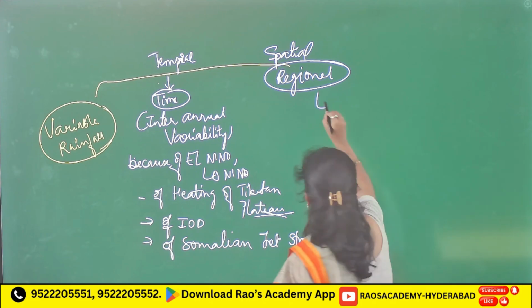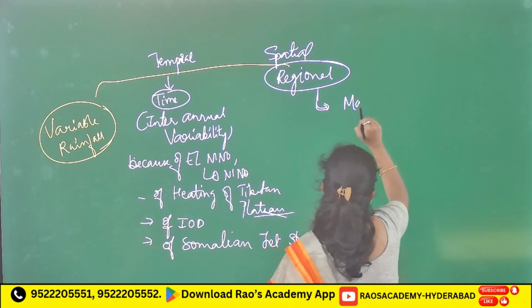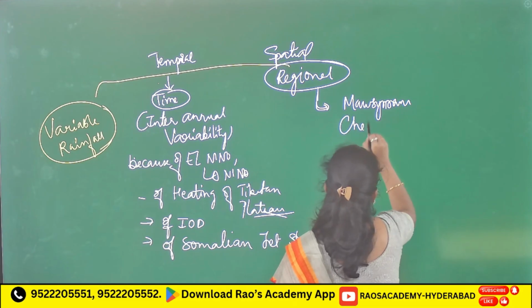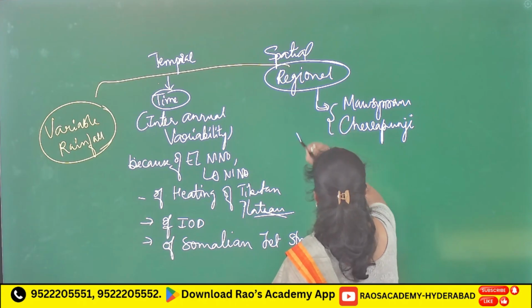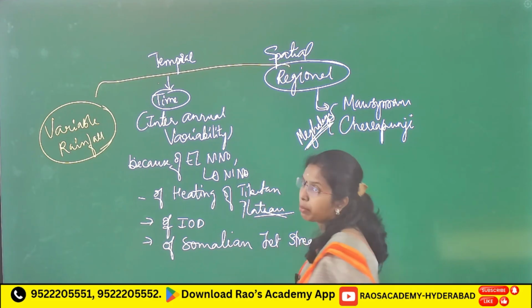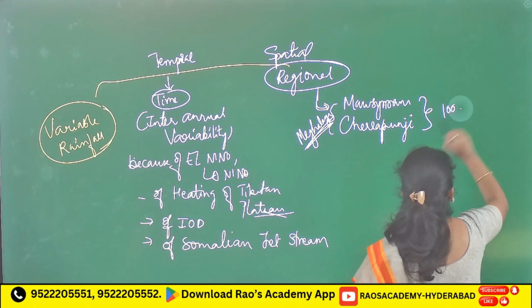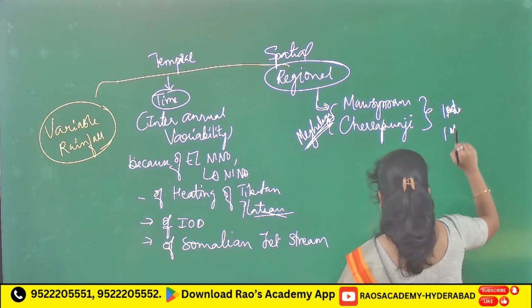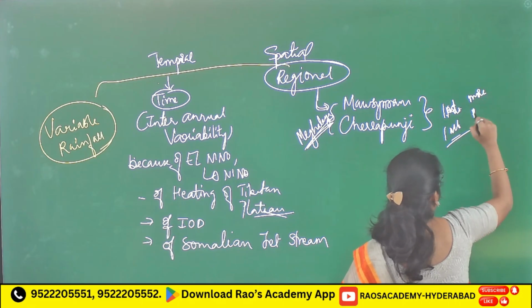Now, regional variation, for example, Mawsynram or Chirapunji of Meghalaya. They receive 1 meter, not centimeters, 1 meter more rainfall, heavy rainfall.